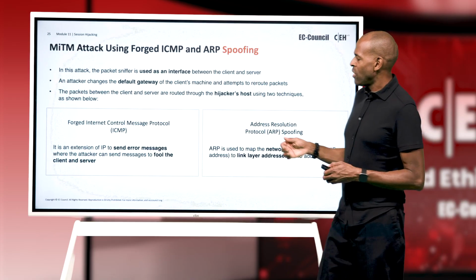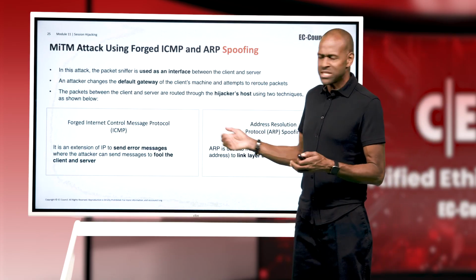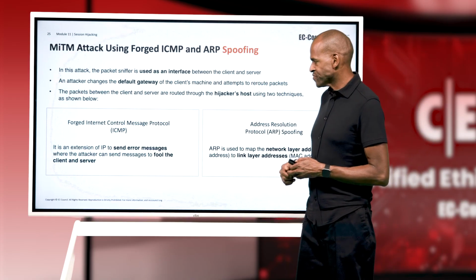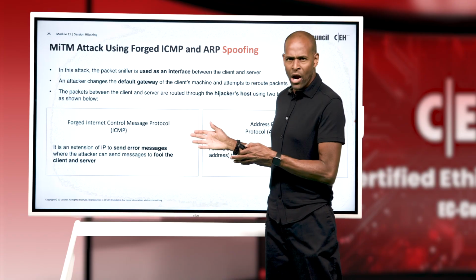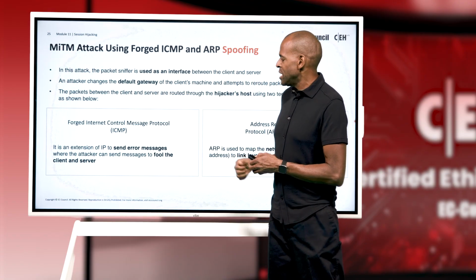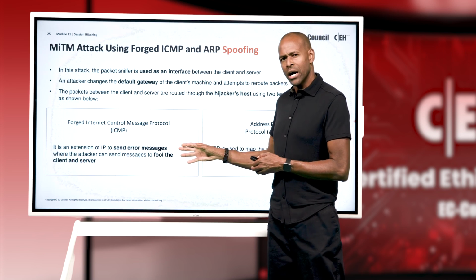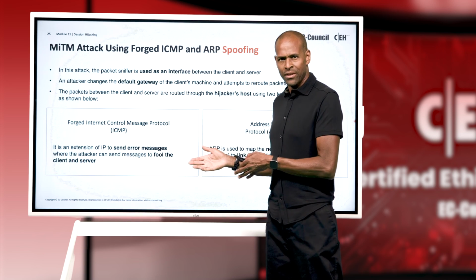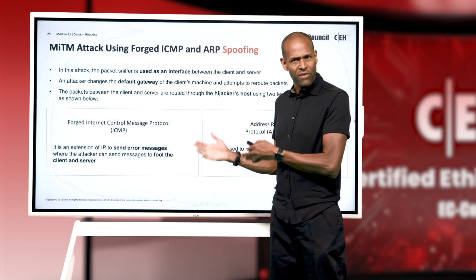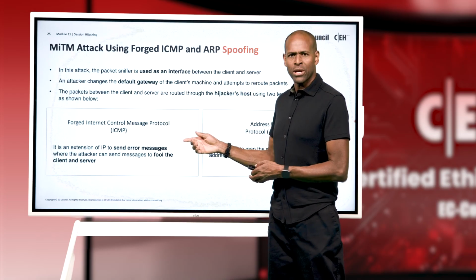This is just an extension of ICMP, where we send error messages. That's what ICMP does, and if you send the right error messages, you can cause the machine to which you send them to behave differently. That's what we're doing here.